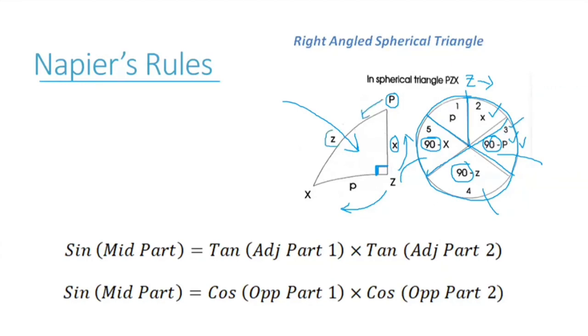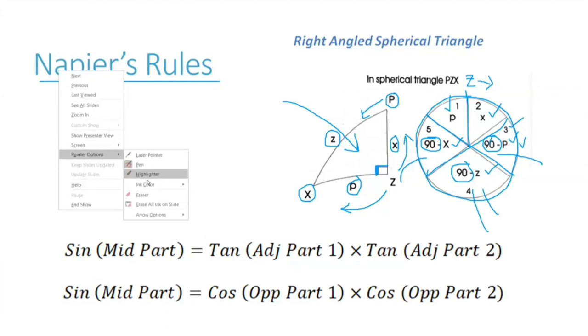The next part of the triangle which comes in is small z or side z. So you see in part number 4, it is 90 minus small z. And the next part is capital X or angle X. So you see in number 5, it is 90 minus capital X. And the next part is side P. So you see we have side P here. And once the triangle is completed, all parts of the circular diagram are also filled up. So this is how we fill up the parts.